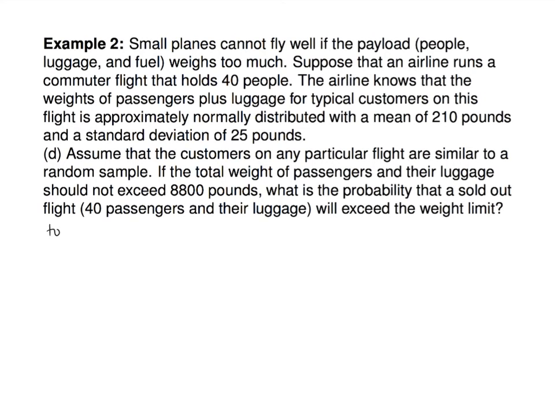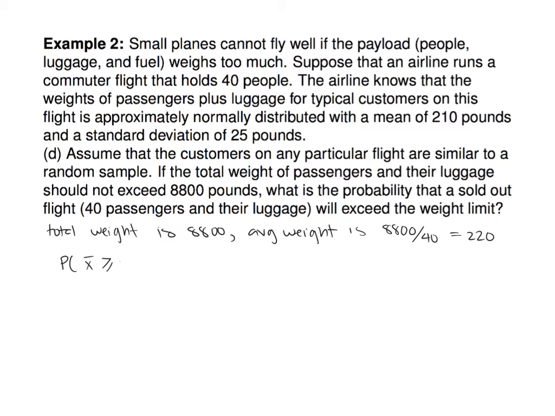Well, if the total weight is 8800, the average weight is 8,800 divided by 40, which comes out to be 220. So we want to find the probability that our X bar is bigger than or equal to 220. And we actually use z-values here.